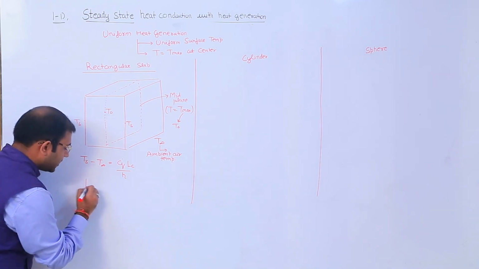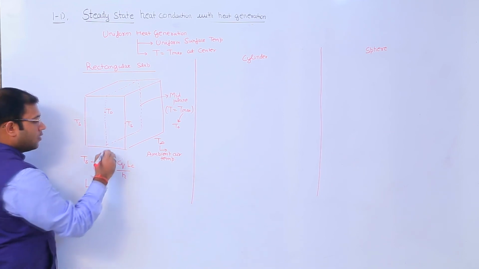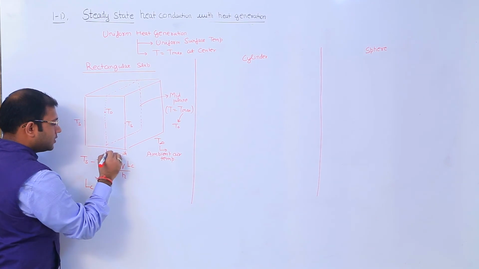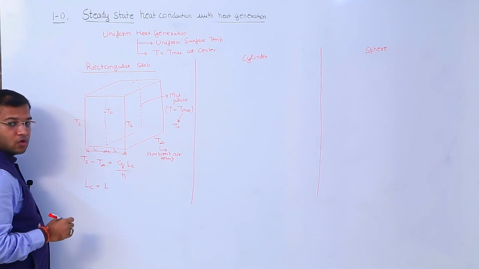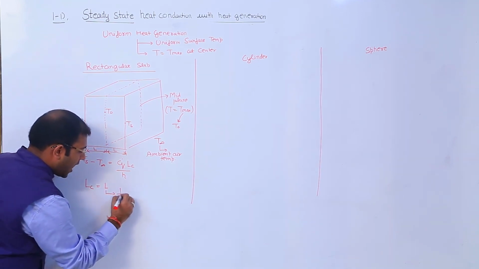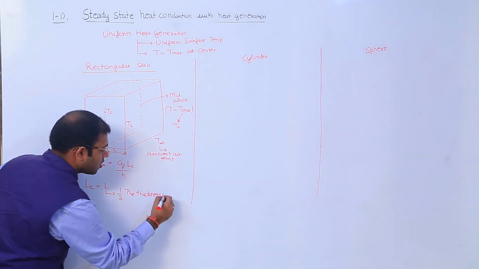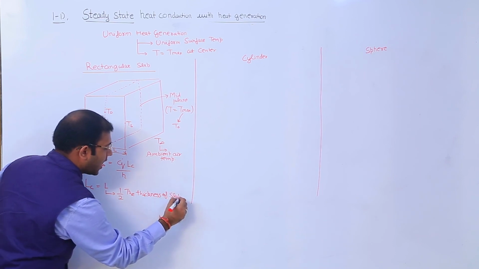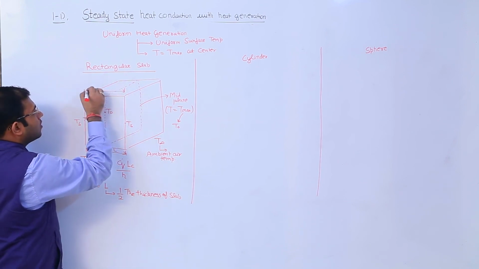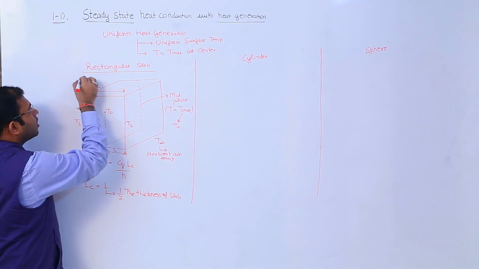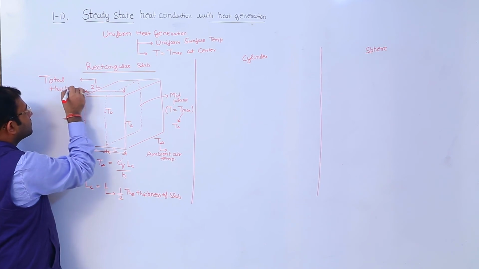Fine, and this characteristic dimension here is nothing but your length L, where this is the length L, and again this portion is length L. So L is nothing but half the thickness of slab, half the thickness of slab, because this 2L becomes your total thickness.